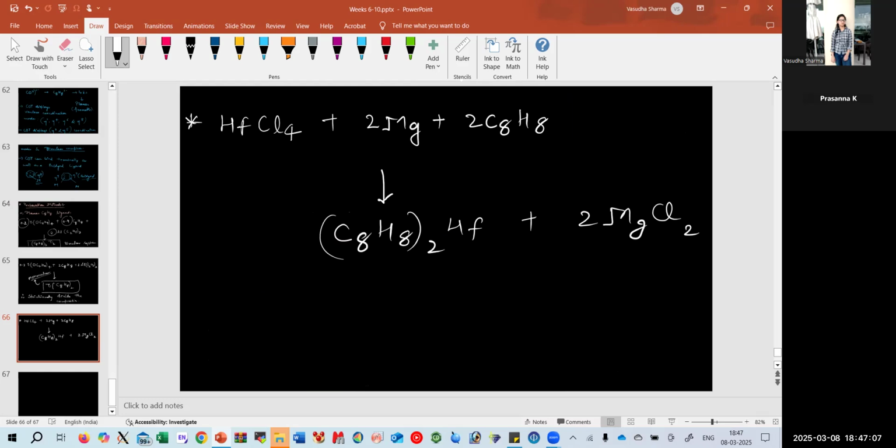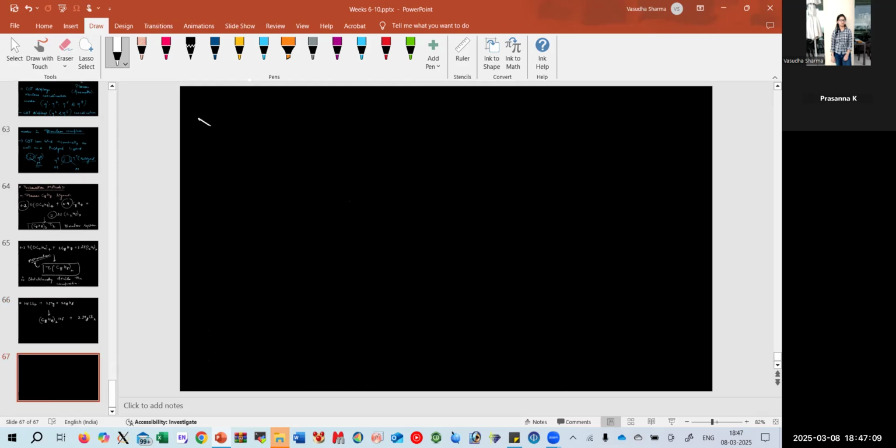Now, another way that we can think of is taking a different metal salt, which is zirconium chloride. Firstly, you're treating it with K2C8H8, where K is potassium positive. It would give you C8H8 as 2 minus.